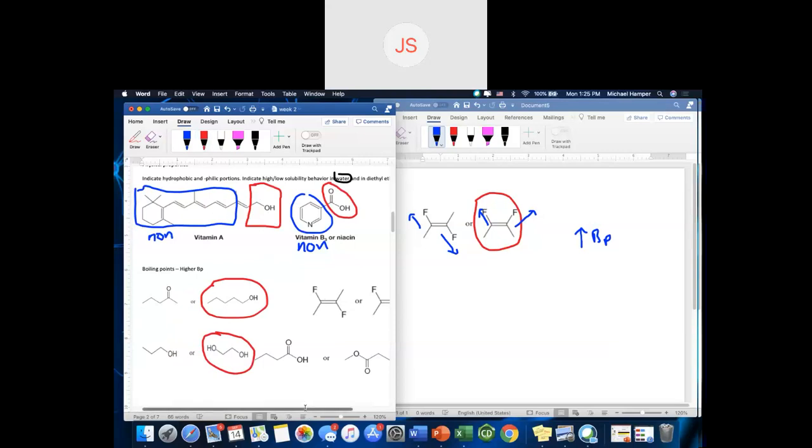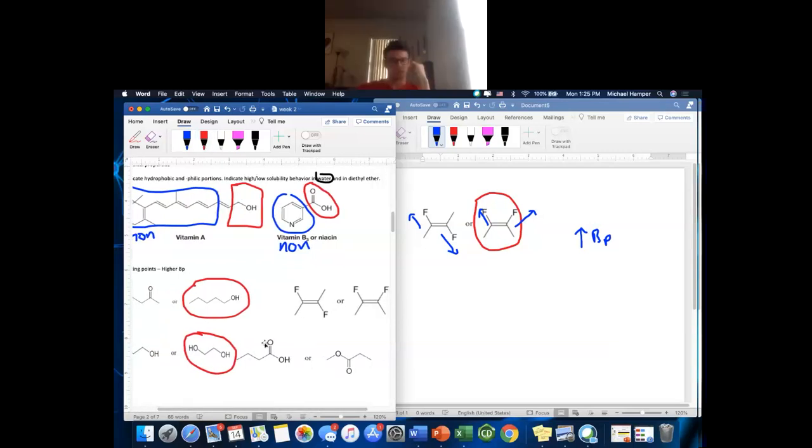Yep. And because this group is at the end, there's also an increase in dipole towards the end of the molecule in comparison to the other one. So not only is there hydrogen bonding, there's also a higher dipole. But yes, this molecule will have the higher boiling point.